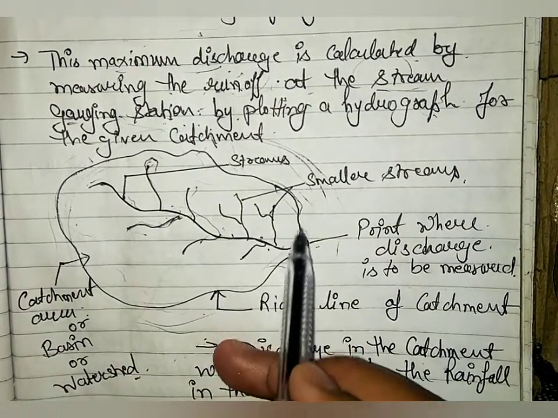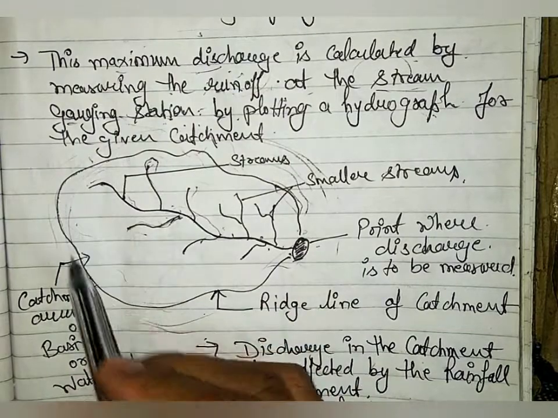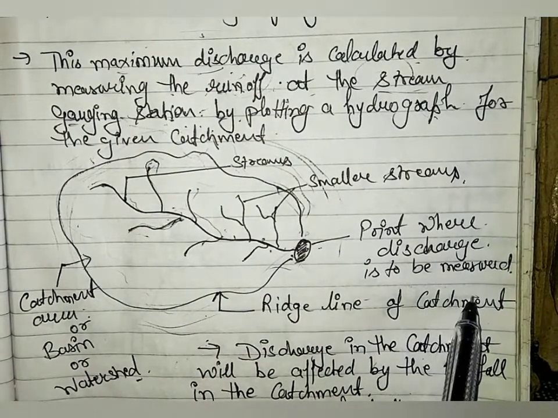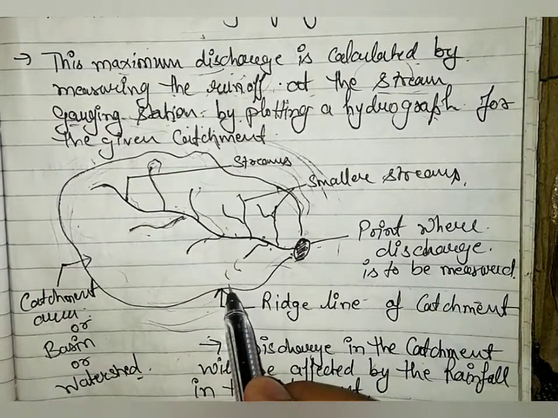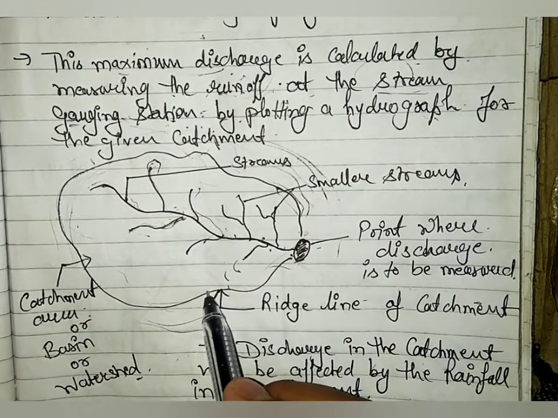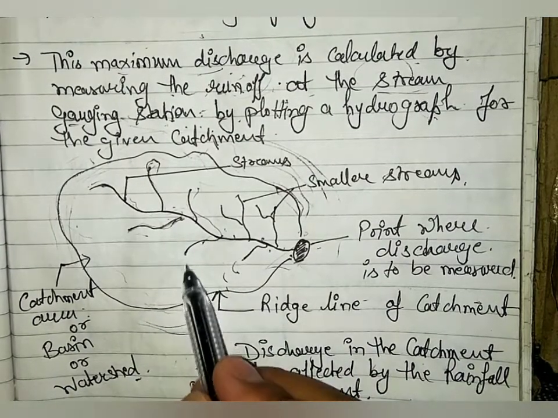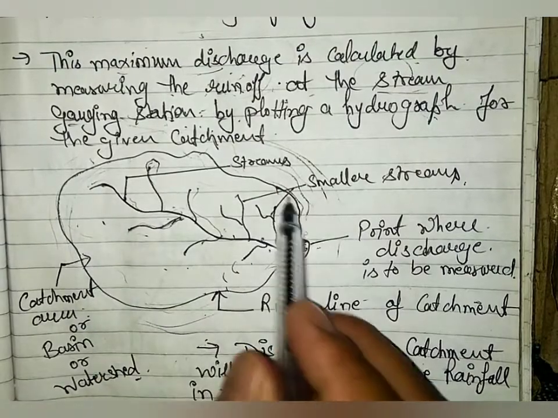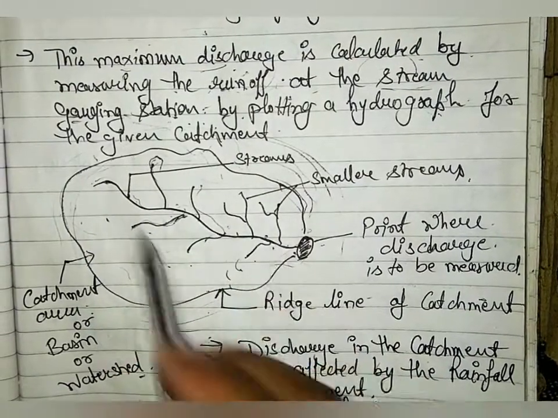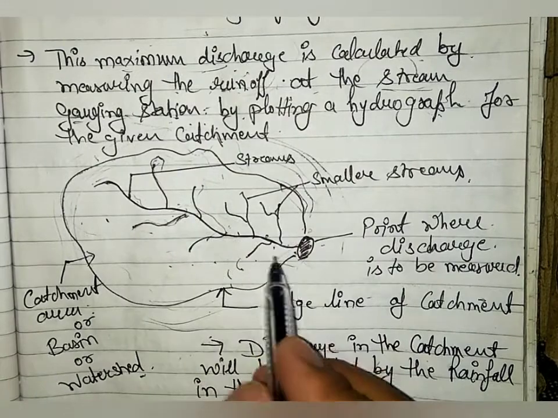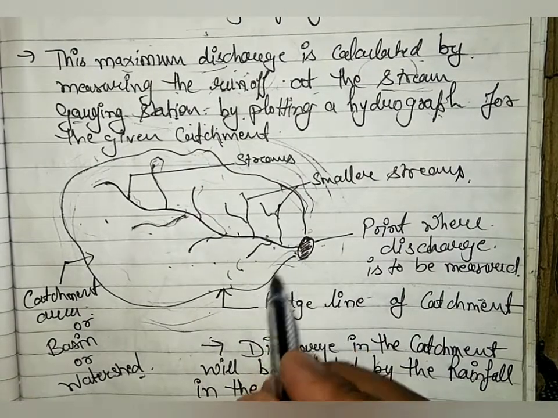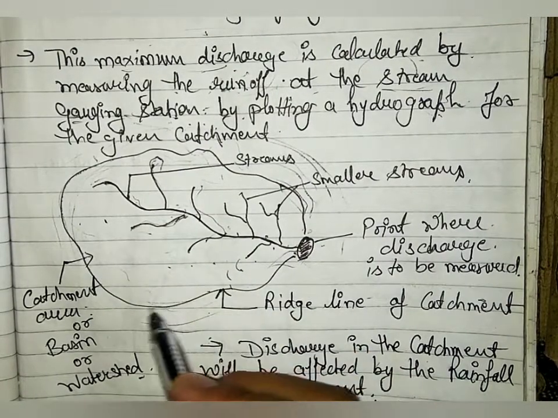The outer edge of this area is called the ridge line of the catchment. This ridge line is at a higher elevation compared to the surrounding points within the catchment. The highest point of any catchment is called a ridge.